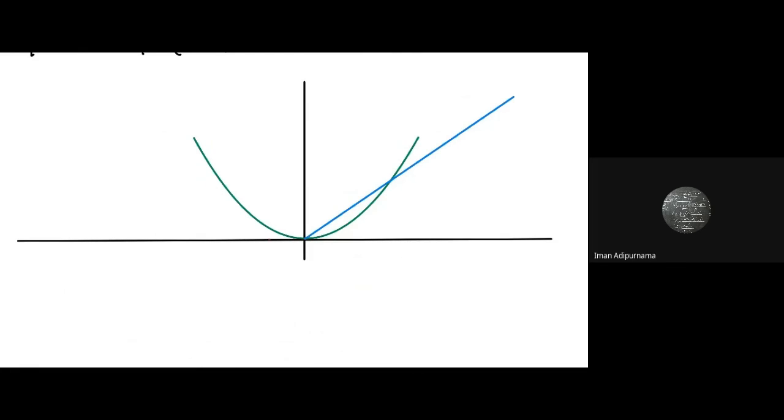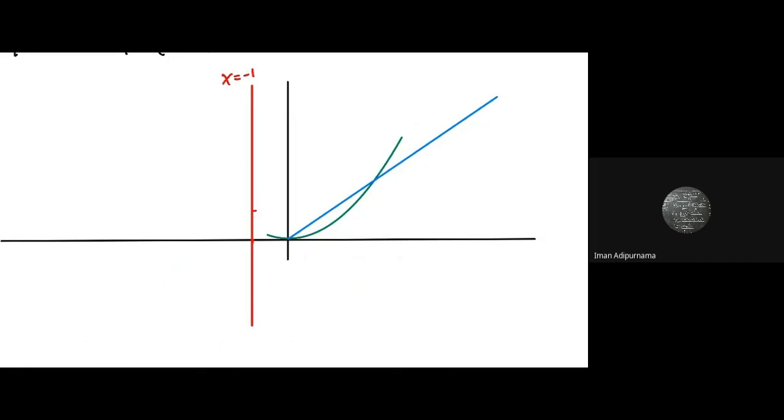Okay, let's take the -1 here. Let's erase this part first, and then make a line that is x equal -1. We can look at this particular rectangle in the region, the area that we are going to rotate.